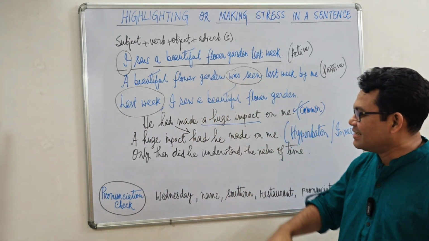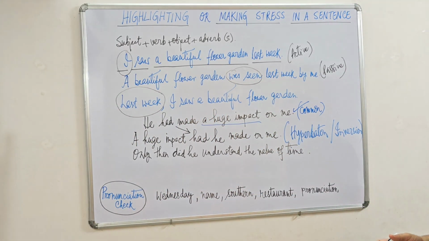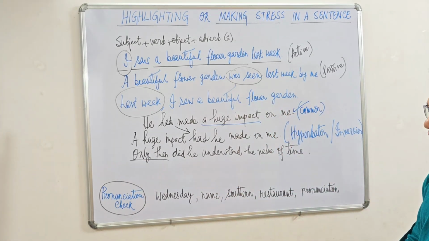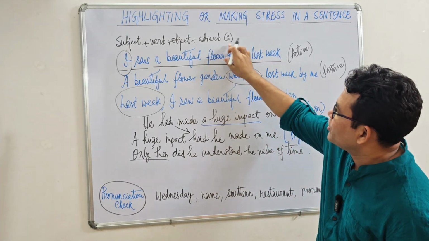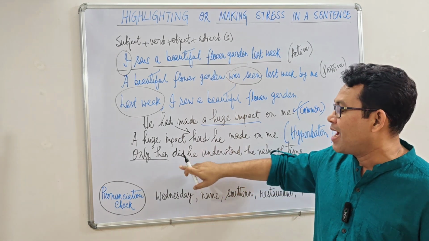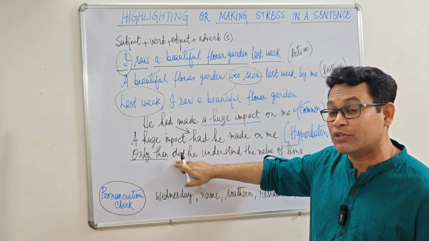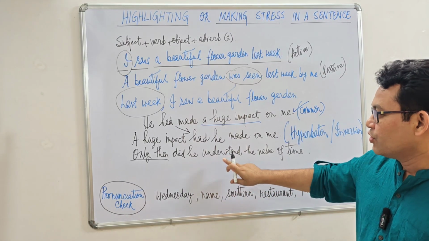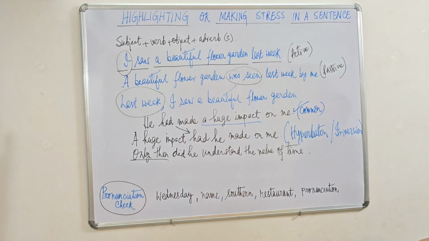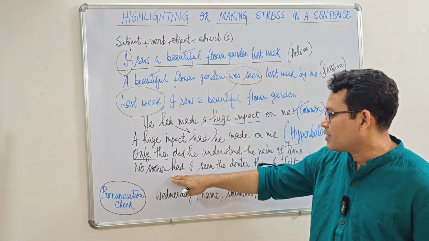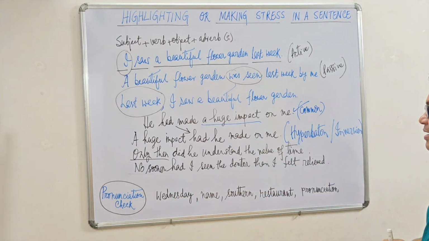Only then did he understand the value of time. So we are putting time adverb at the very beginning, and since we are breaking the conventional sentence pattern, we have to bring in auxiliary verb did, and because of the past indication through this auxiliary verb, we have to use the present form of the verb understand. So only then did he understand the value of time. One more. Next sentence, no sooner had I seen the doctor than I felt relieved.